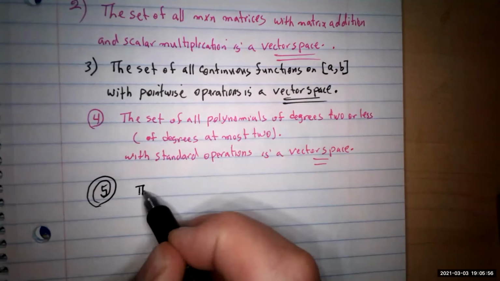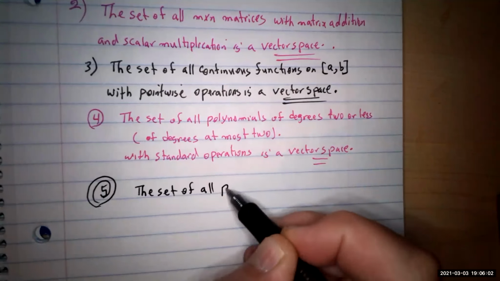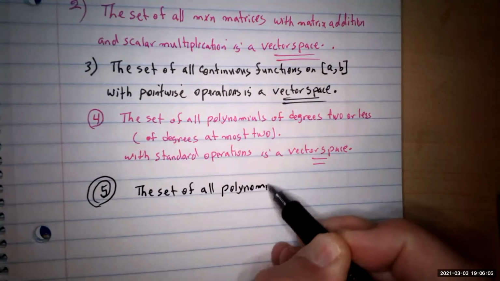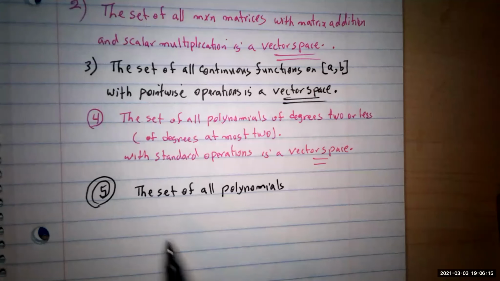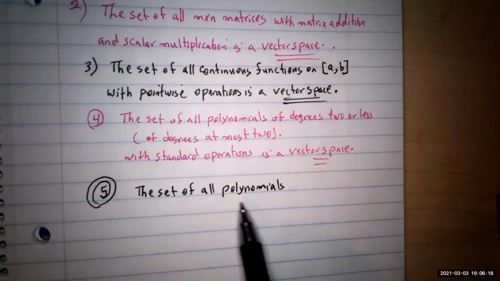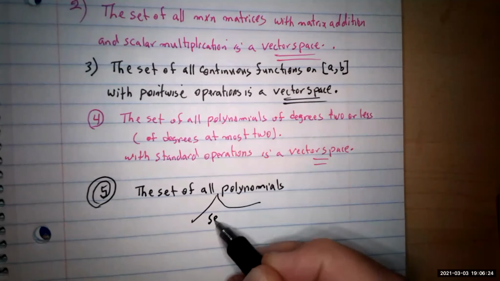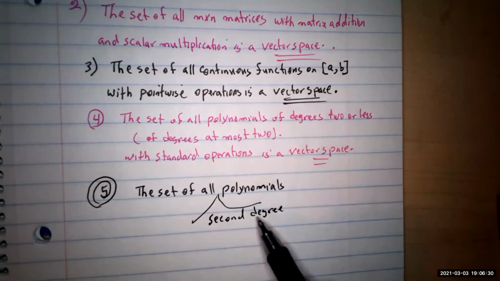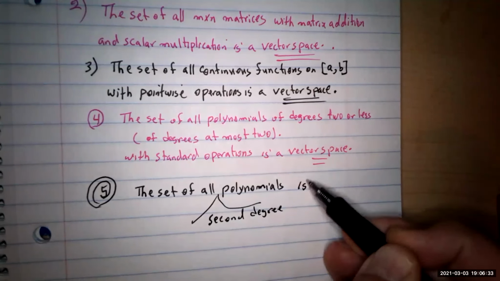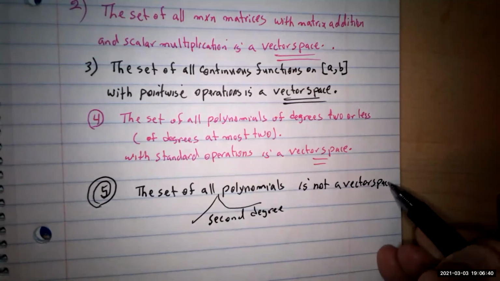So if they ask you about the set of all polynomials of the second degree, the set of all second degree polynomials, if you like, this is not going to be a vector space.